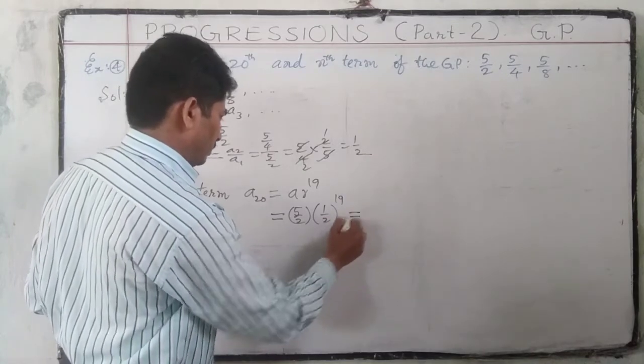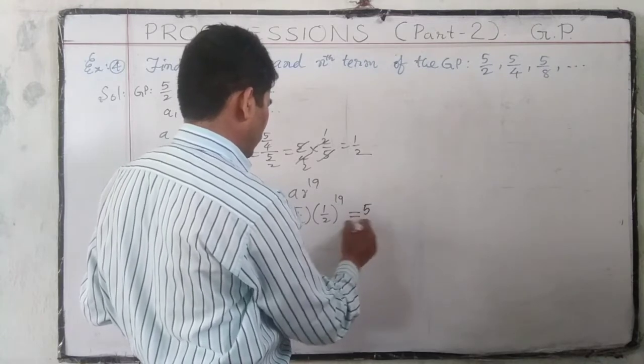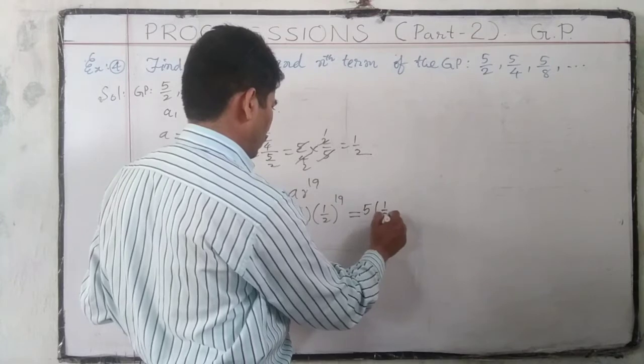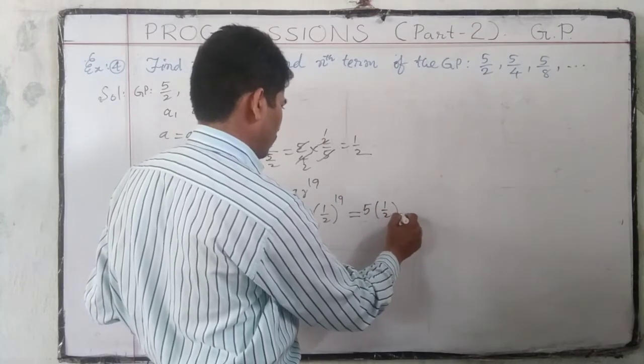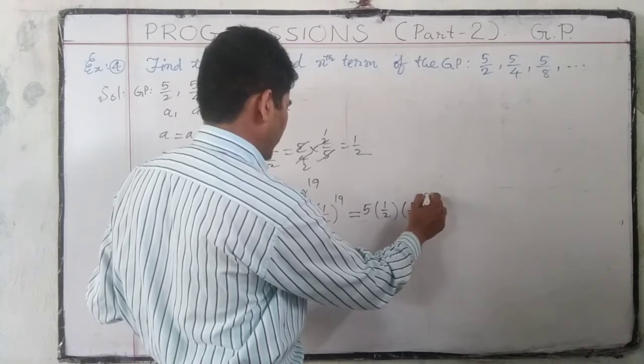That is equal to 5 into 1 by 2, into 1 by 2 all to the power of 19.